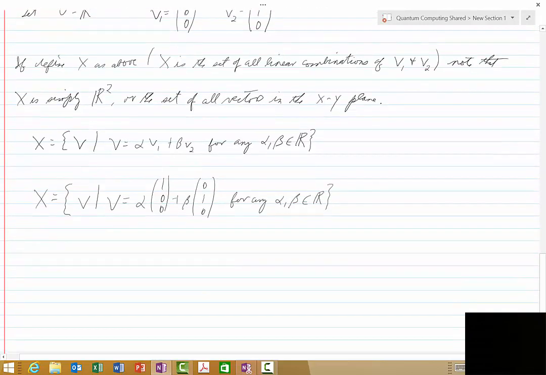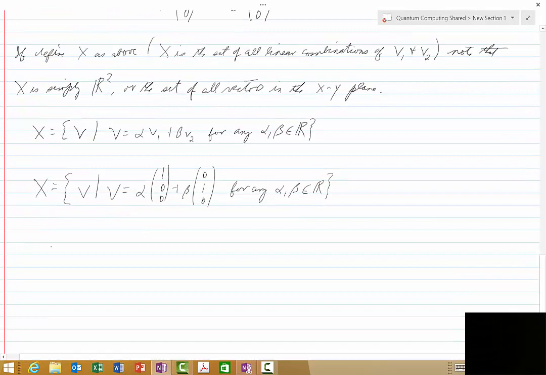But now that can be written even more compactly as the set of all v such that v is equal to (alpha, beta, 0) for any alpha, beta that are real numbers.